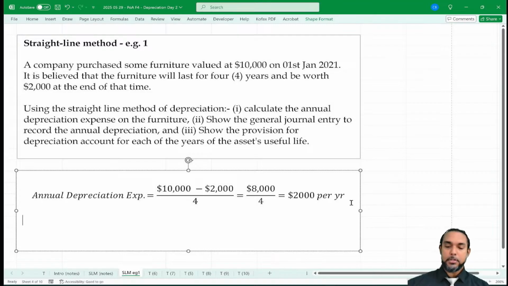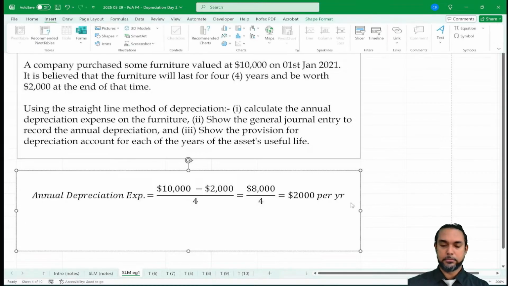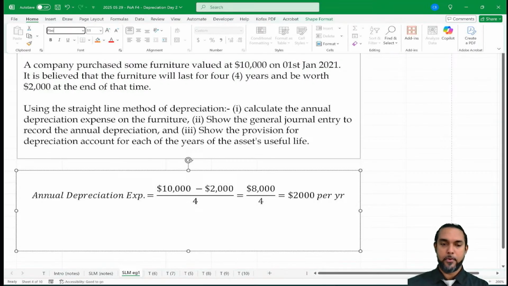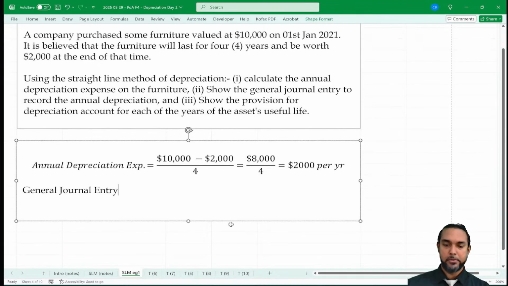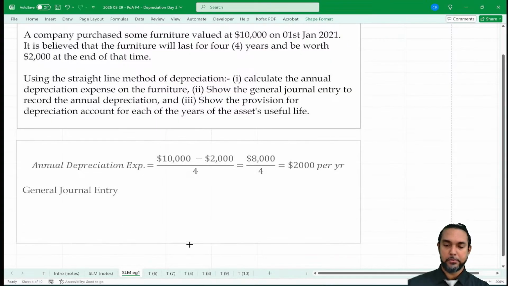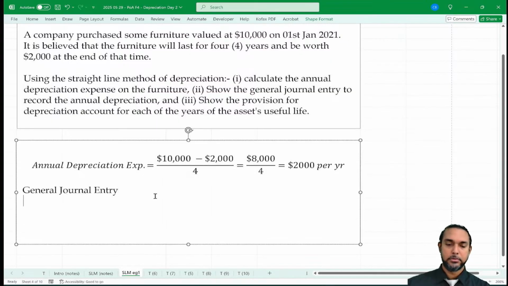Alright, so the general entry would be to debit. Actually, I wouldn't show it in this icon here.